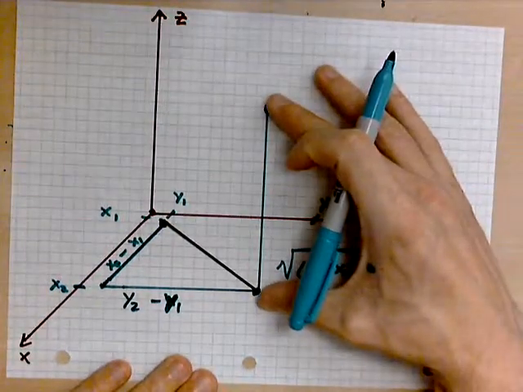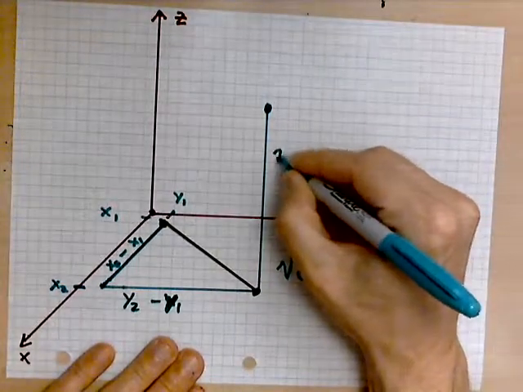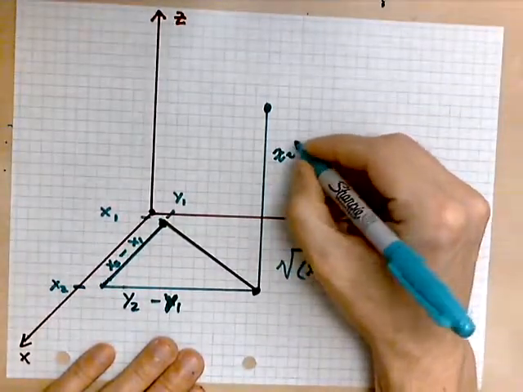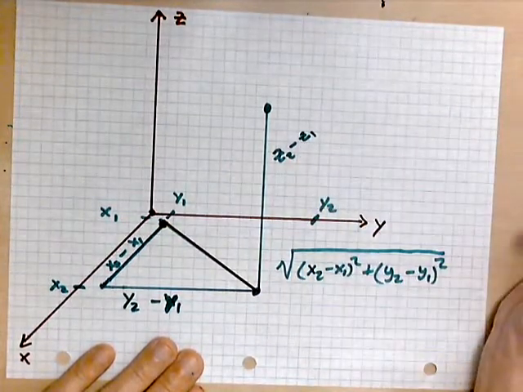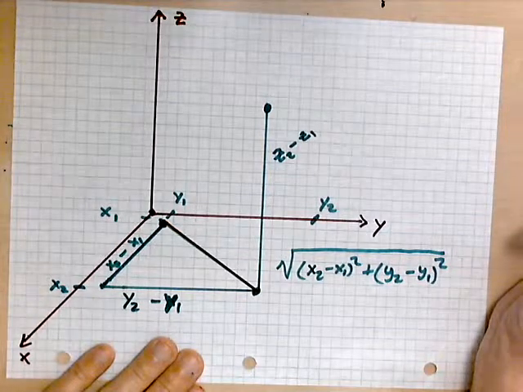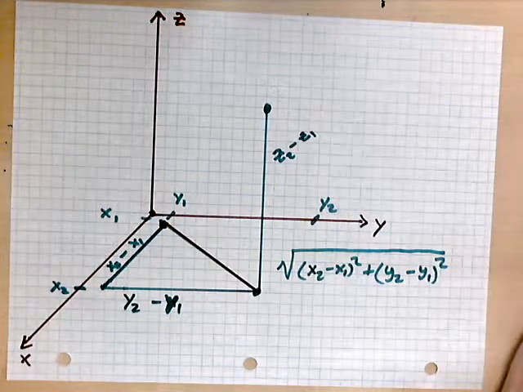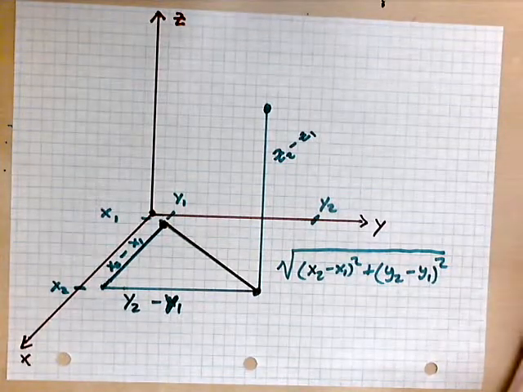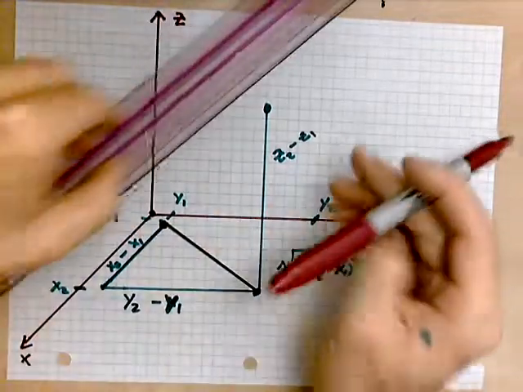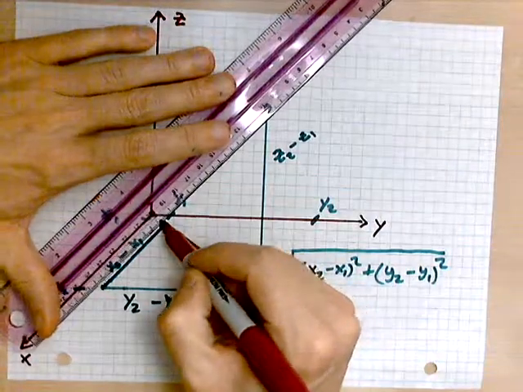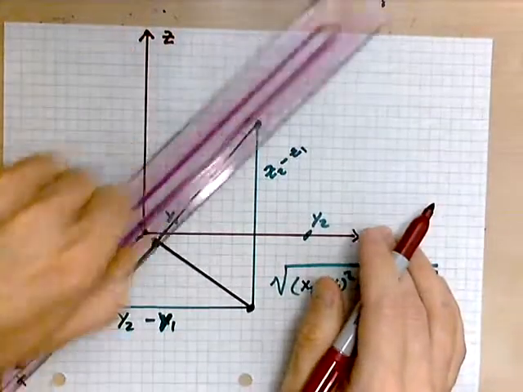Then this here would be labeled as, for example, z2 minus z1. Okay. Lastly, connect this point with that point, and what comes out, as you can tell, is a triangle.